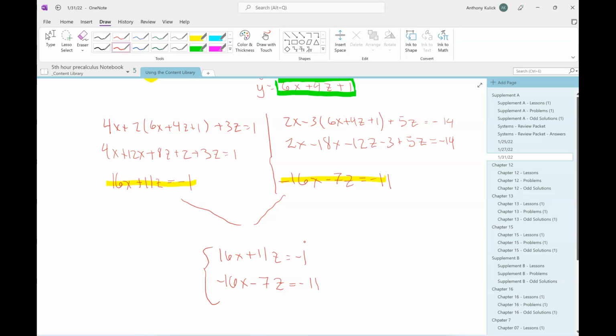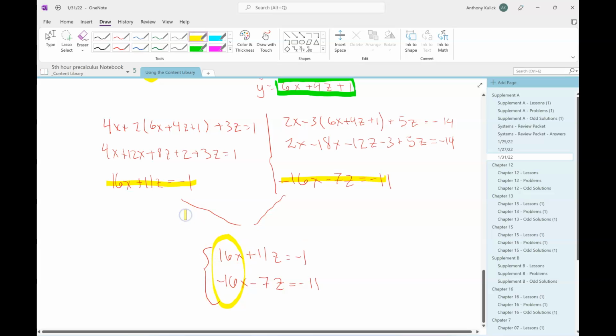At this point, we have choices. We can either solve this 2-variable system that we've just created, we could continue using substitution, or we can use elimination. Which one appears to be easier at first glance? Elimination. Why? Yeah, the x variable is already set up to be eliminated, right?